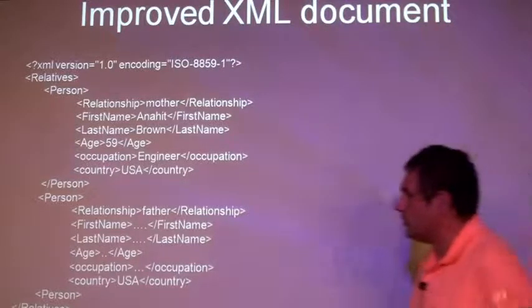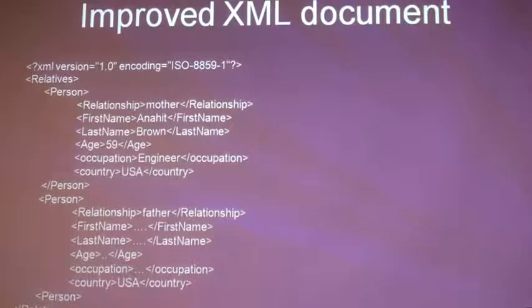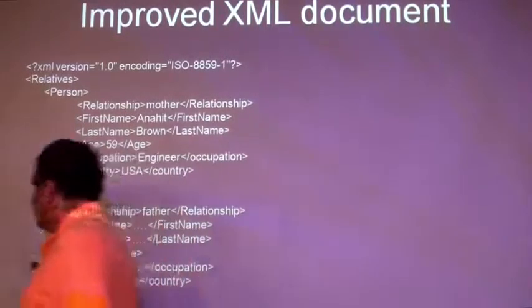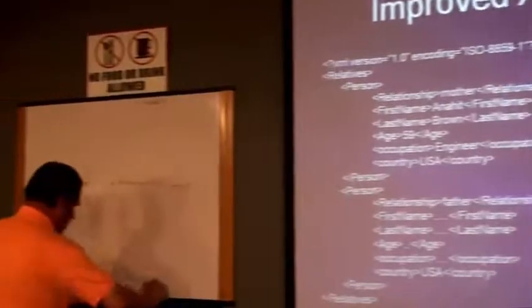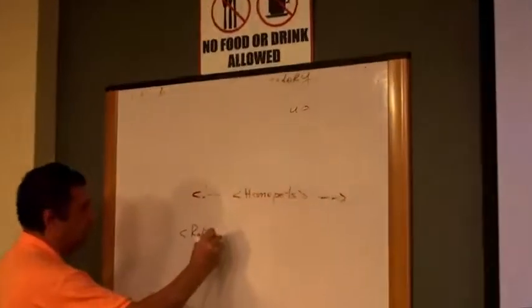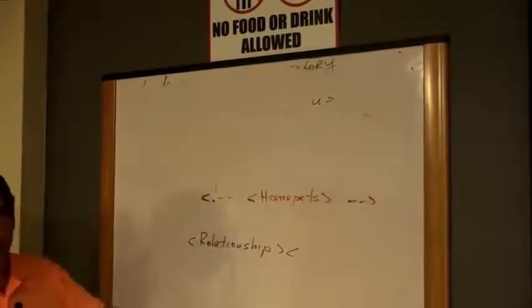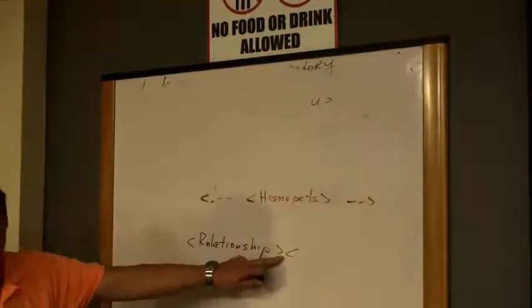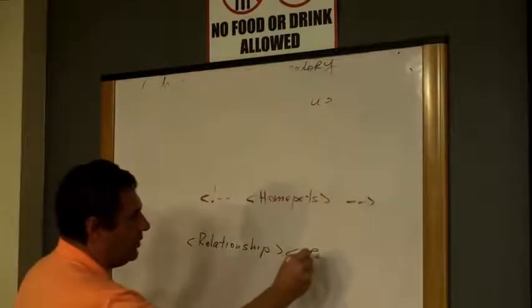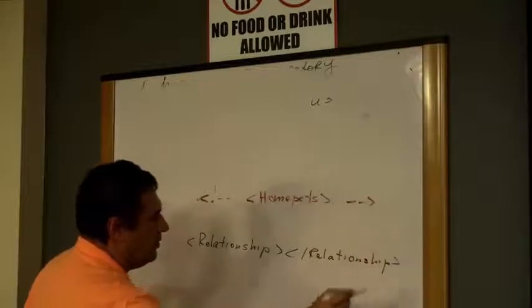What you do in this case, let me grab some pen. Okay. So what you can say here, you can say relationship and specify no value, like no space here. Okay. And then closing relationship.